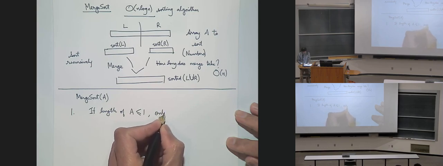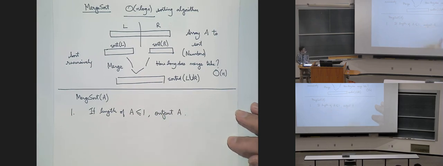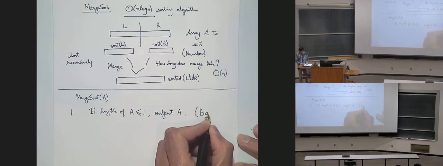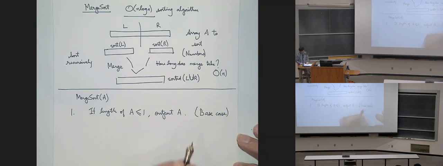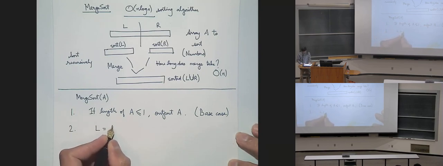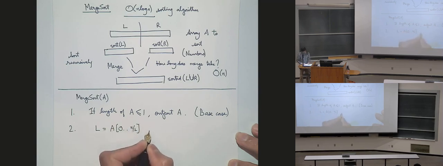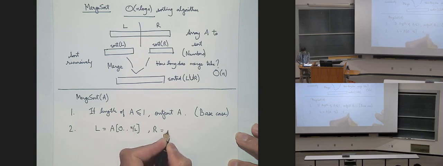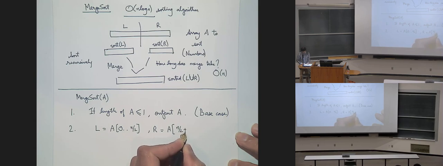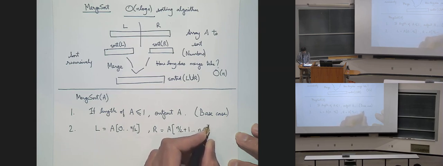Okay, so for merge sort, the first step is we'll say, if the length of A is at most 1, then just output A. This is the base case. The second step is we do the actual splitting into two parts. So I'll say L is half of it, and R is whatever is left.